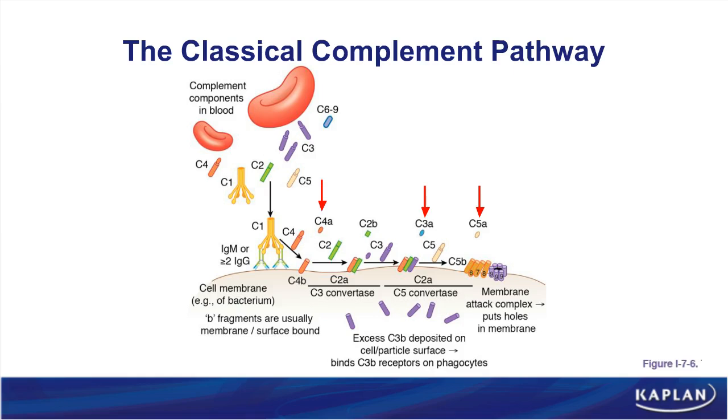Finally, it culminates in the membrane attack complex, which initiates at C5 all the way through C9. Even though we know that's not the most important function of the complement pathway, we need to remember that it is an important vignette for Step 1. When we have MAC deficiencies, we will definitely see recurrent Neisseria infections as an indicator.